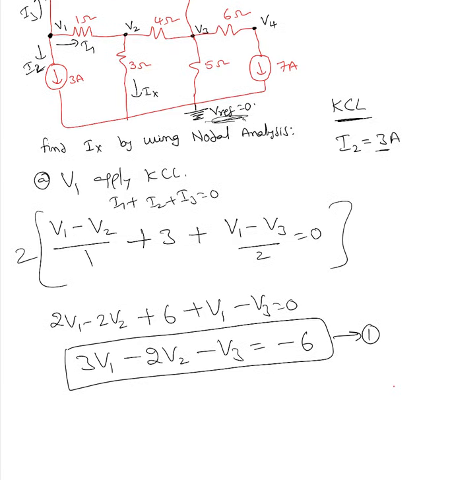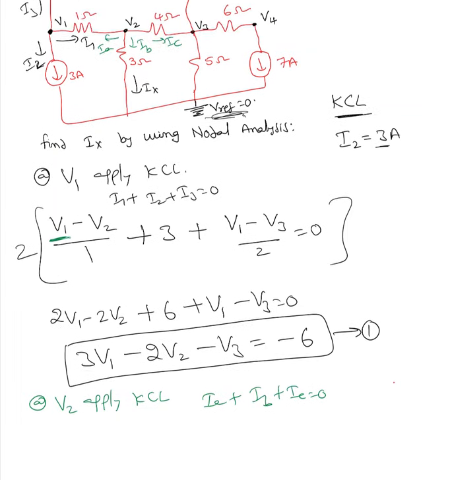Now the second equation: at V2 apply KCL. Here I'm going to label the currents IA, IB, IC, so IA plus IB plus IC equals 0. I choose every current going out because when you write the equation at V1, it is always V1 minus something, and at V2, it is V2 minus something.